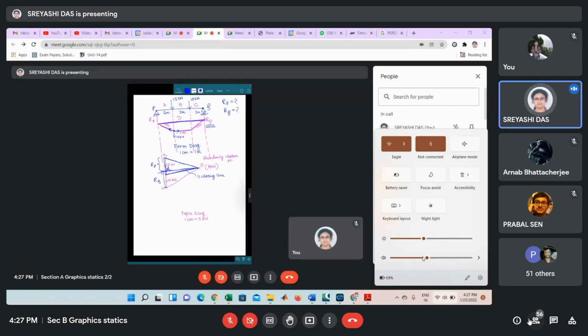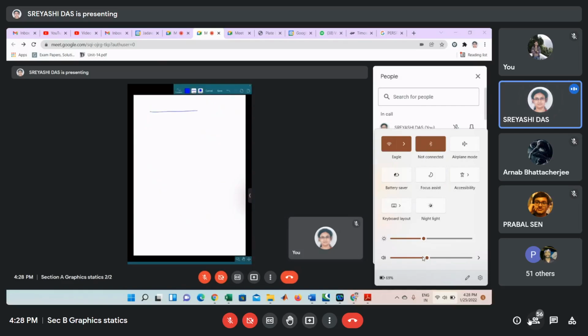Experimentally means if you draw it and measure it, you will get the result graphically, and you can similarly find out the result analytically, and you can compare. So for this RP and RQ case, we don't know the force magnitude, but we know the force direction. Both force directions will be vertical.